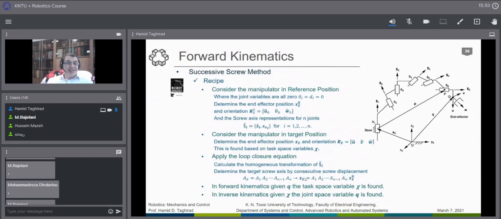By this means, we can use this loop closure representation, not in terms of a matrix form, but a bit more than that. We call it, as we see here, that if we have a reference vector of the end effector, if we could represent the end effector vector in a reference frame in some particular very simple orientation of the joint, then by doing a consecutive mapping by the screws, this could be represented in the most general form of the moving platform or the end effector, and this can basically be defined as the forward kinematics.